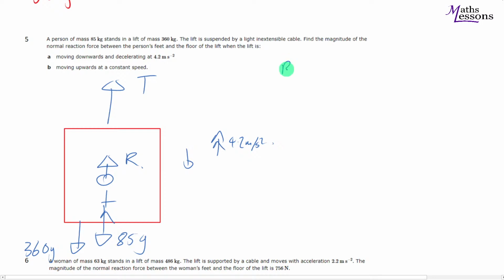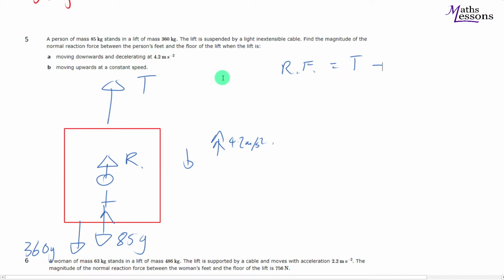So our resultant force will equal, because it's accelerating upwards, the tension minus the total weight of the whole lift. Sorry, I'm looking at the wrong thing, I'm reading the wrong question.